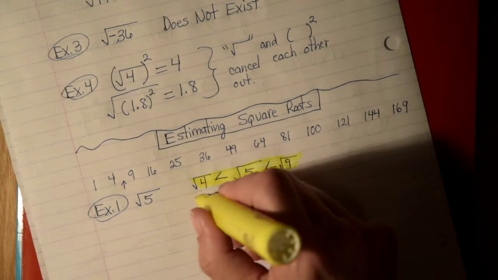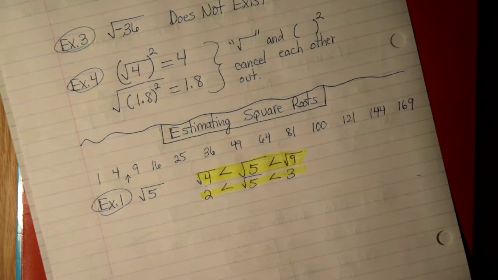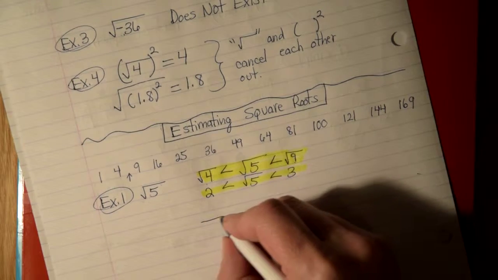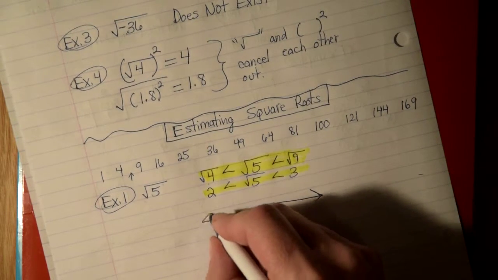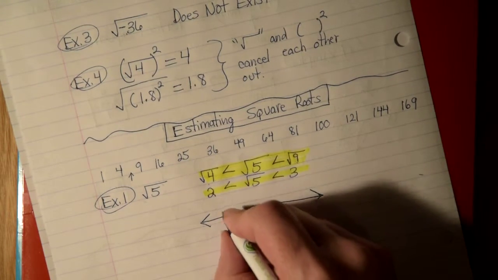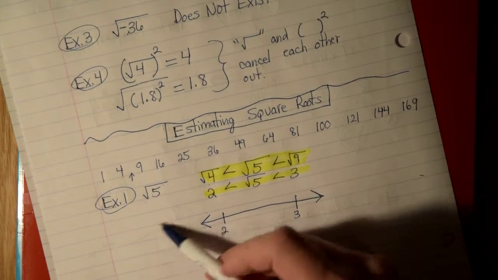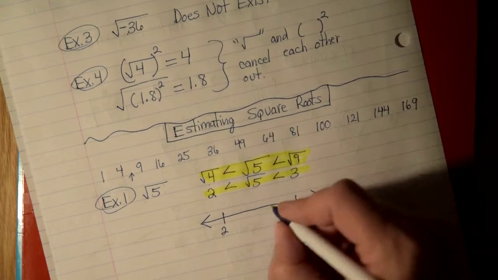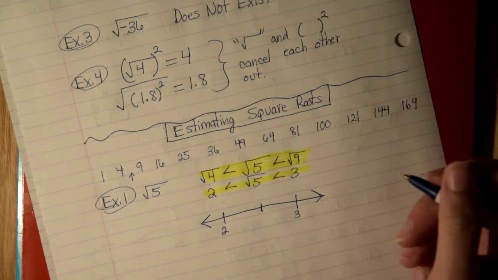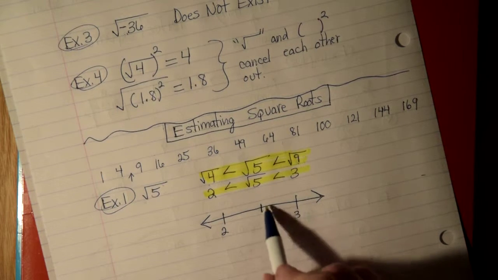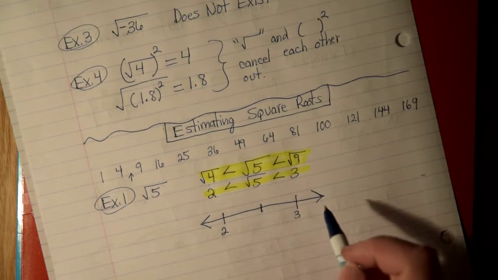So we've narrowed down the location a little bit, but we want to get even more precise. So you're going to draw a little piece of the number line that has the 2 and the 3 on it. 0 would be down here, but we don't need to put anything else. Make a halfway point. And then we're going to plot our point either on the left half or the right half, closer to the 2 or closer to the 3.